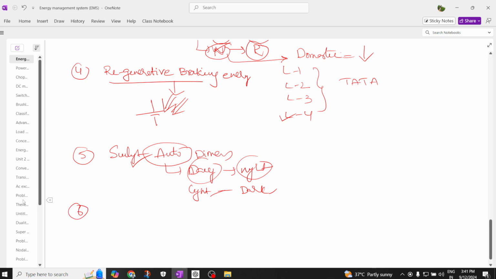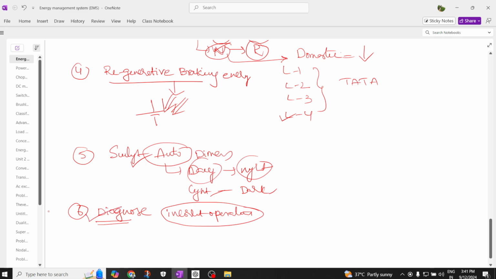Next, the energy management system will help us in diagnosis. We can troubleshoot the problem or diagnose any incorrect operation. If you have any incorrect operation or malfunctioning, it can be easily diagnosed with the help of the energy management system.